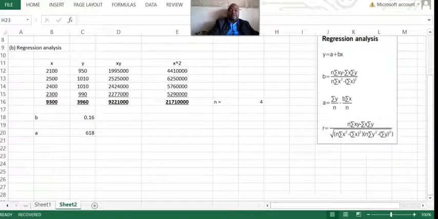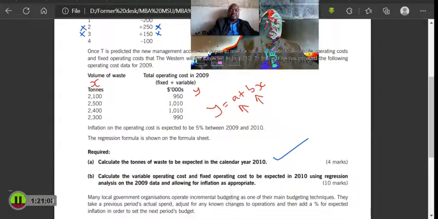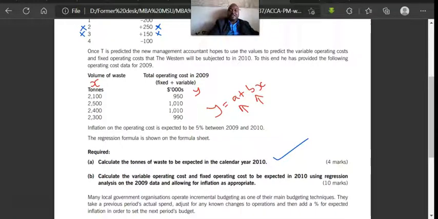But from the question, I'm sure we agree that we didn't input these values according to thousand. Remember, the monetary values there are in thousand, so we need to adjust our figures to reflect that.